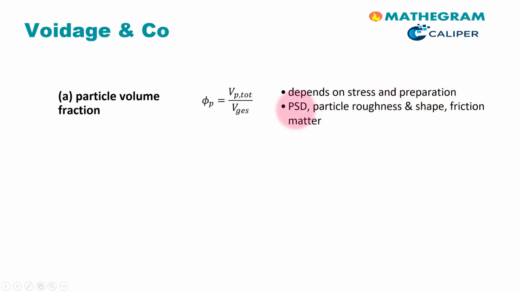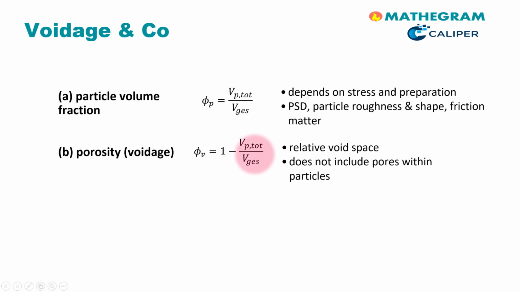Also the particle size distribution, or short PSD, matters next to the particle's roughness and shape, and also friction matters. You see, predicting the local particle volume fraction can be difficult, and this is why predictive methods like the DEM are so helpful. The counterpart to phi p is the porosity or voidage. It is simply 1 minus the particle volume fraction. Hence it quantifies the relative void space in a granular material.